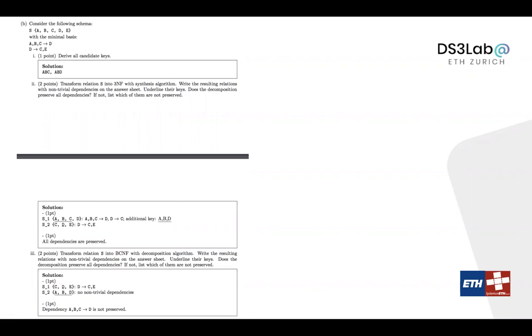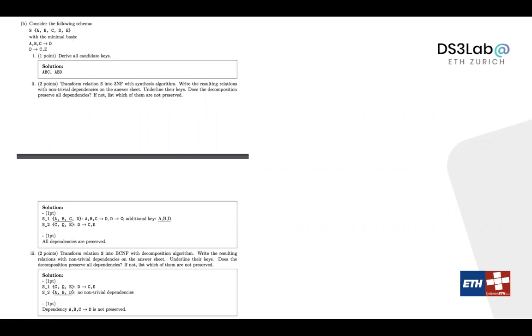But how do I construct this dependency from ABC to DE? Oh, because you have the minimal basis. These two are all the functional dependencies that are true in this application. And you try to prove from these two whether you have ABC to D, whether you have ABC to E. With the axioms? Yeah, with the axioms.